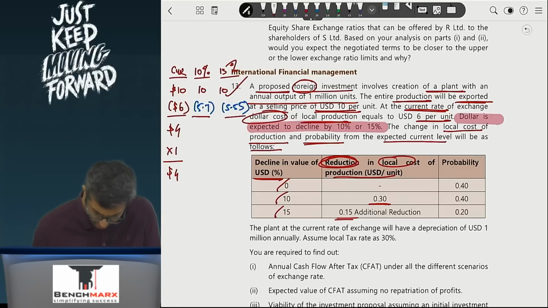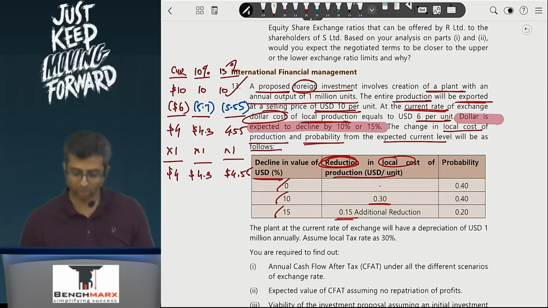This comes to 4.3, and this is 4.45. Again, into 1 million units, and hence this is 43 lakhs, this is 44.5 lakhs. What is the probability?